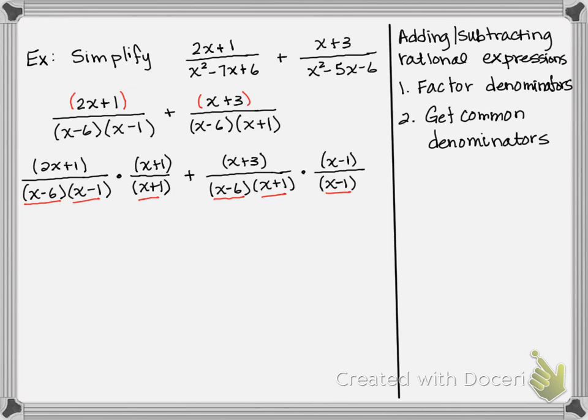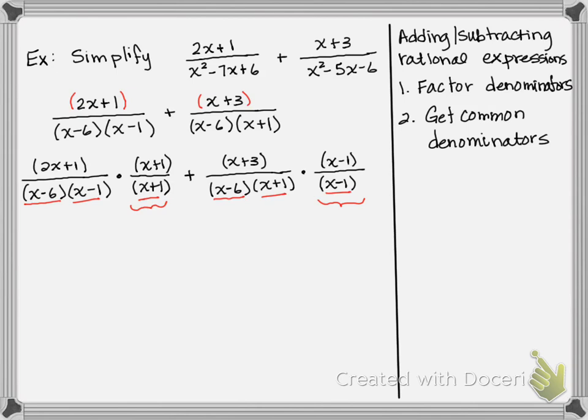The goal here is for both fractions to have exactly the same factors in their denominator, which means that any factors that one of them has in their denominator that the other one doesn't have, we have to multiply by as part of our factor of 1. It's the same on the top and the bottom. Questions?